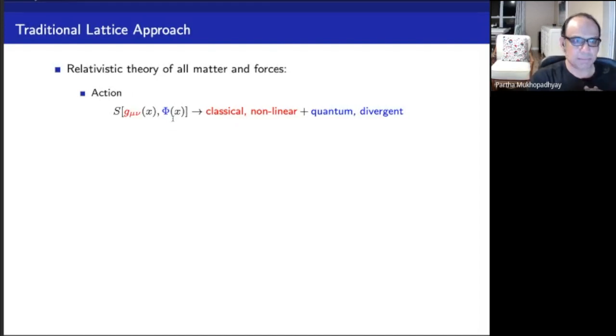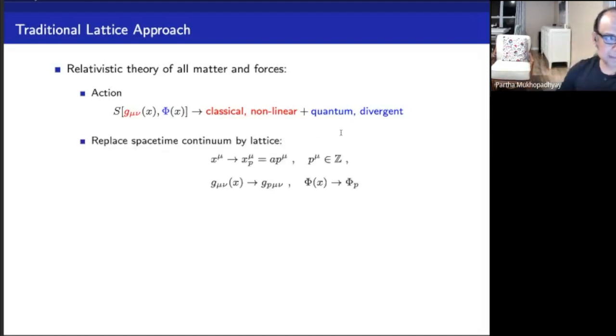The difference between the metric and these other fields, phi, is that the metric is treated classically and gives nonlinear equations, and phi is treated quantum mechanically, which means you have to take an average over all possible functions, not only one particular solution, and that's a problematic operation. Both problems are dealt with by taking a lattice, by replacing the space-time continuum by a lattice.